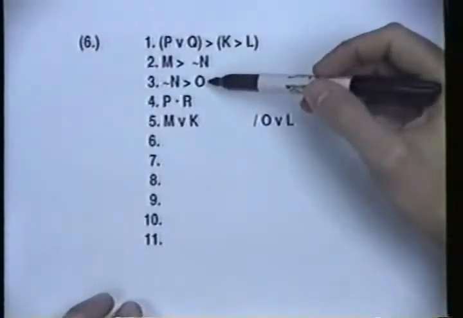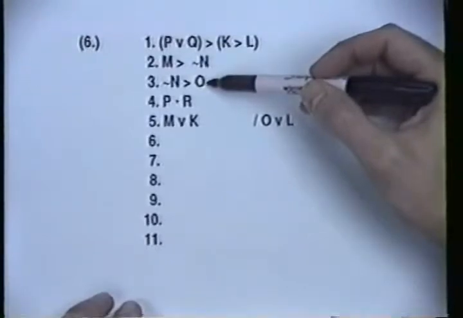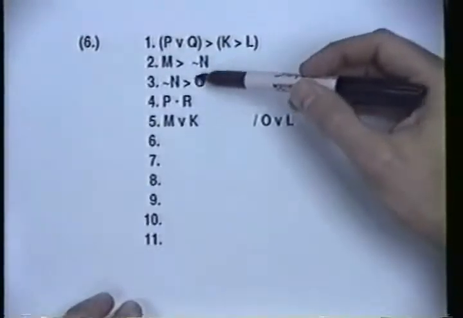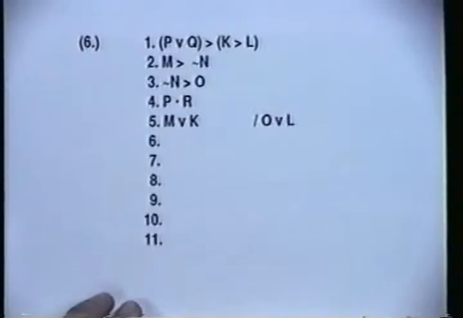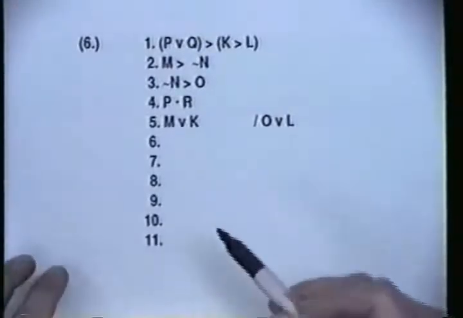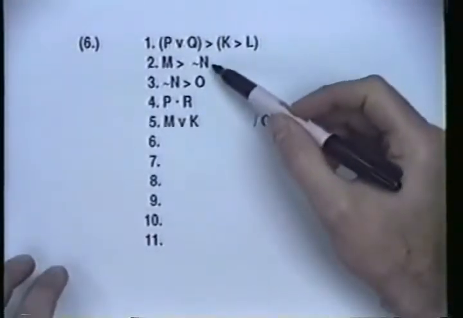And if we manipulated 2 and 3, we would be able to generate another conditional which had O as its consequent. That would put us in a position, perhaps, to use constructive dilemma. So let's see if we can get ourselves a little bit closer to that conclusion.